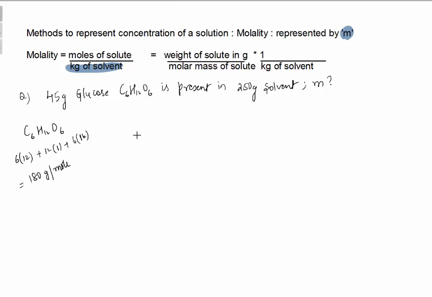Now, we should plug it into the formula. m is equal to weight of solute, 45 gram, upon 180 gram upon mole, into 1 upon, please remember, here the solvent weight is in grams.